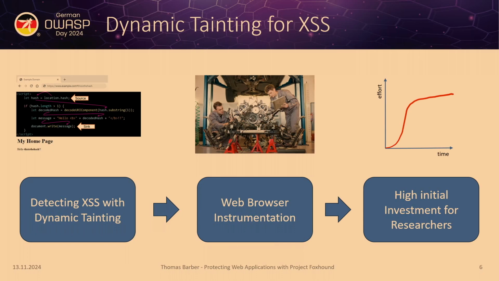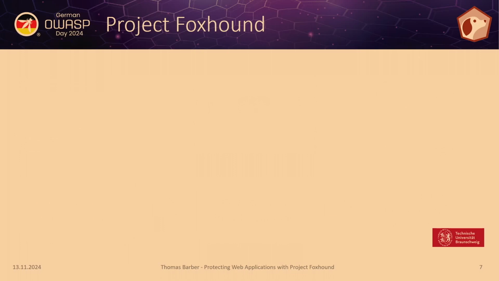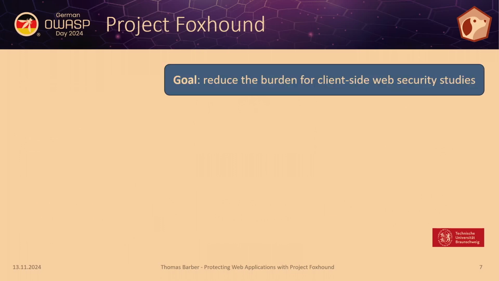So if you think, I've got this great idea, I want to study some property of cross-site scripting, there's a very high initial investment for research groups to go away and do this kind of activity before they can even get to the science. And that was one of the motivations for this project Foxhound, to really reduce this burden for researchers initially to do these kind of studies.